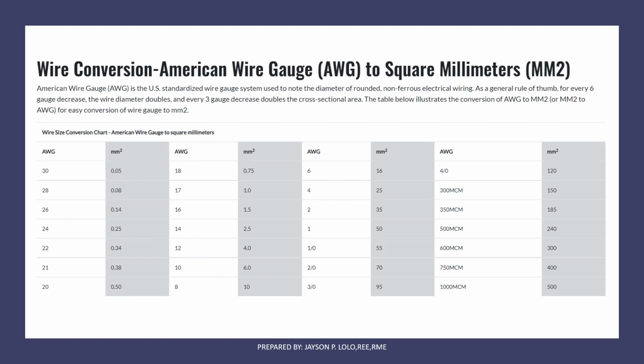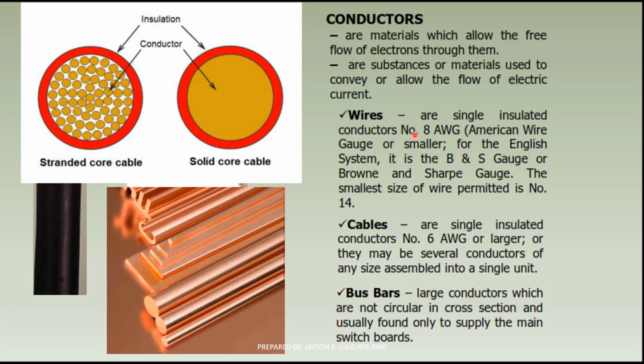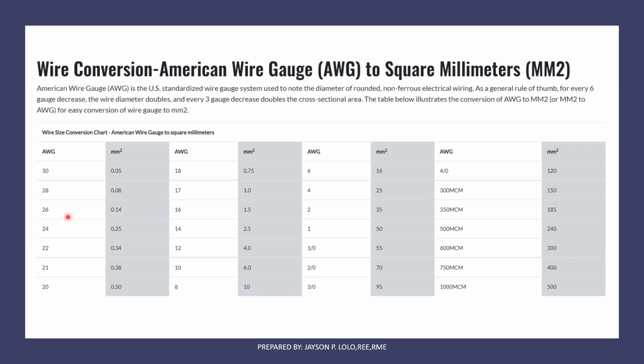Take note that in AWG, number 8 or smaller, the corresponding number is increasing: 8, 10, 12, 18, 30.